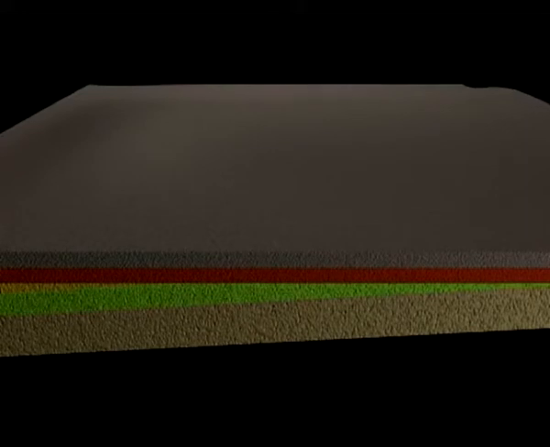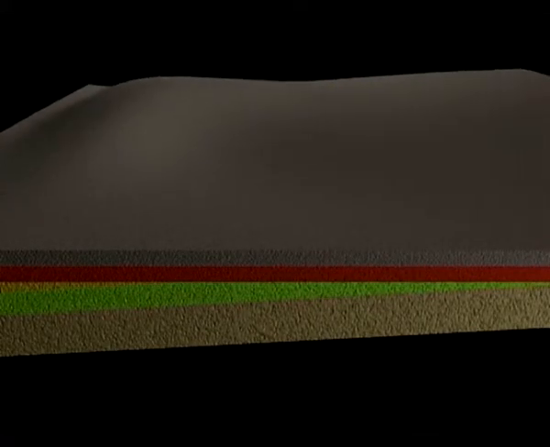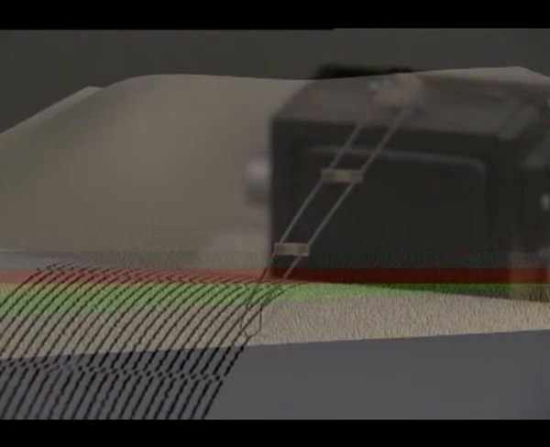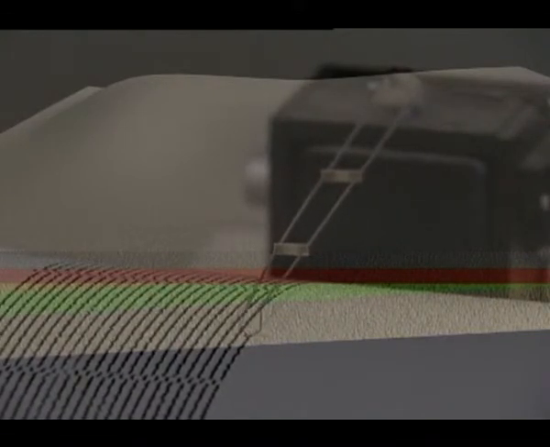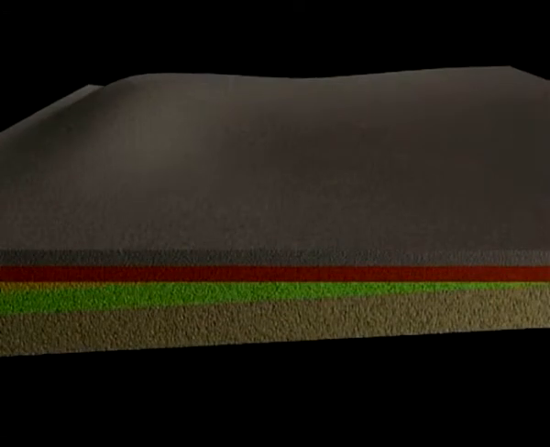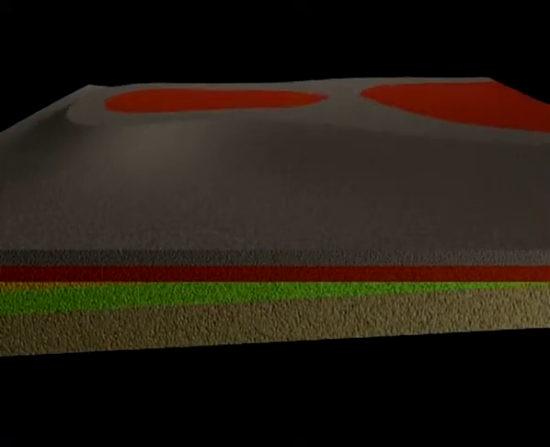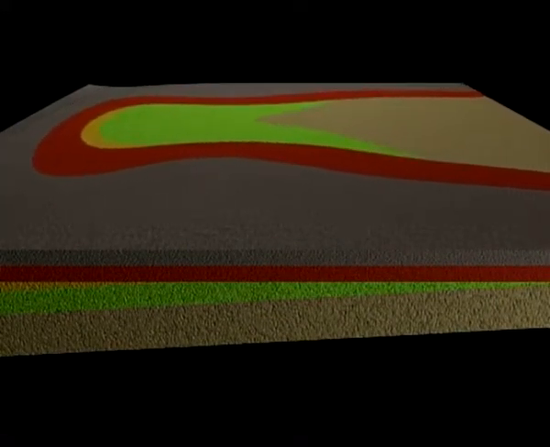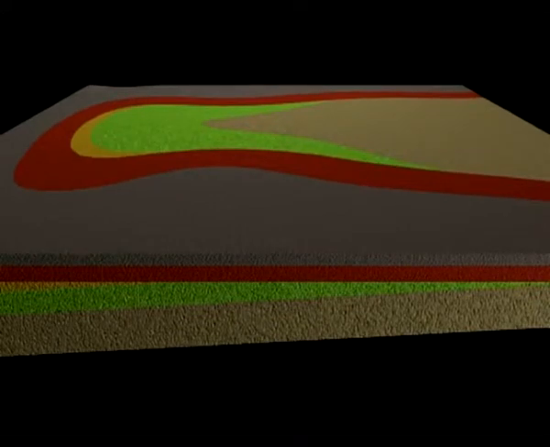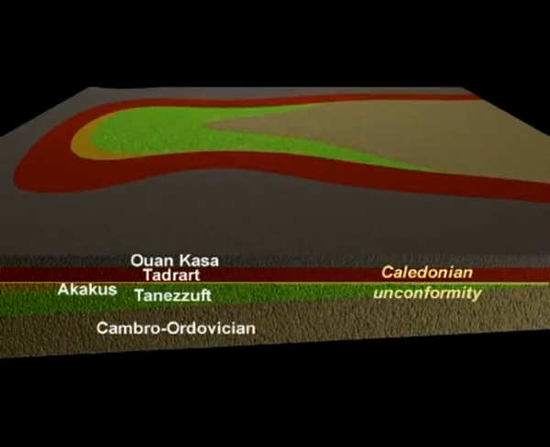During the Middle Devonian, another intraplate uplift event struck. Short-lived, but very effective. The central and northern parts of the Mizuka were pushed up and the Unkaza and Tadrat taken out. The Mid-Ipphalian even eroded through the Caledonian Unconformity and helped to remove more of the Akakus and Tanezzuft.